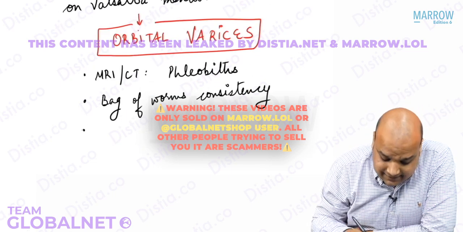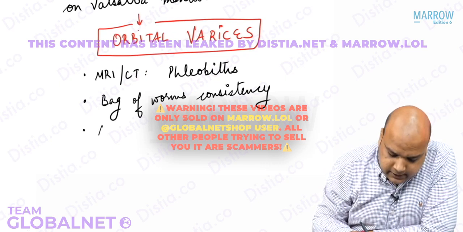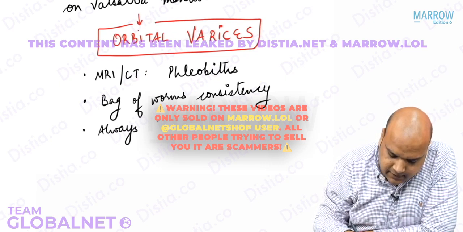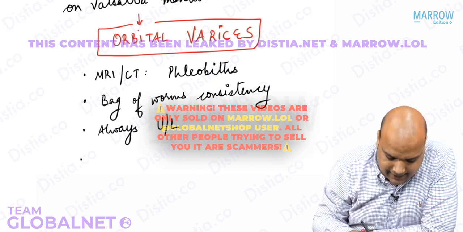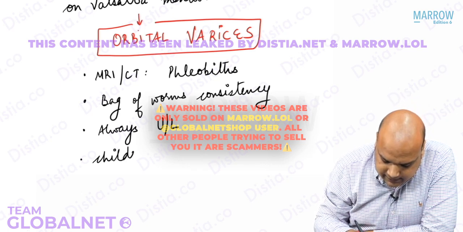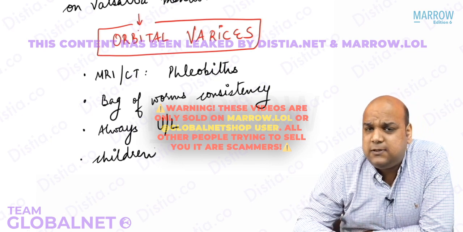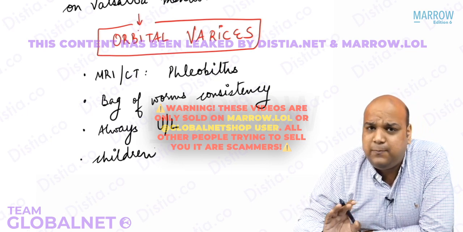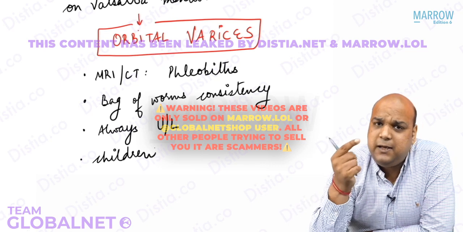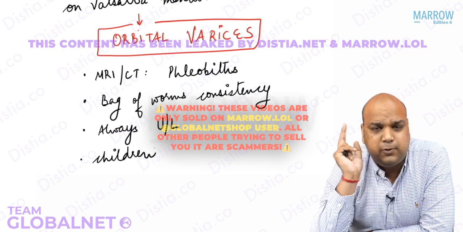Okay, then third point that you need to remember, it is always unilateral and the age group affected is children. So about orbital varices, if you know this much, I don't think you should have any problem. Obviously, along with the main point that we are talking about intermittent proptosis here.